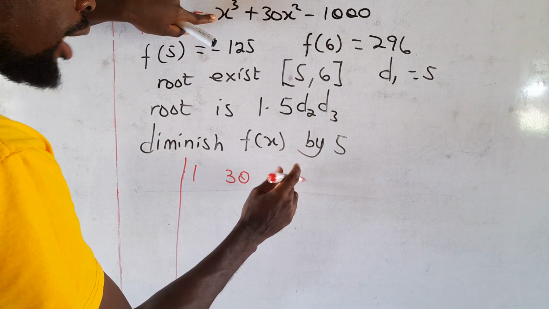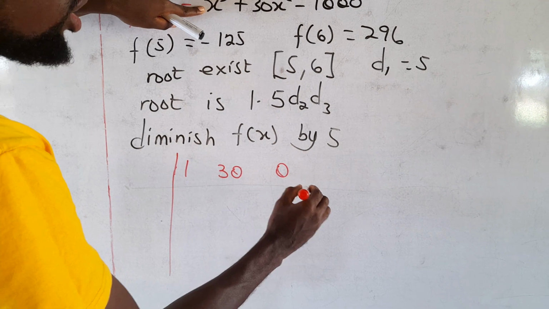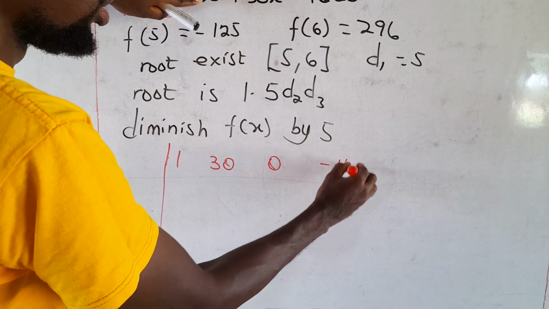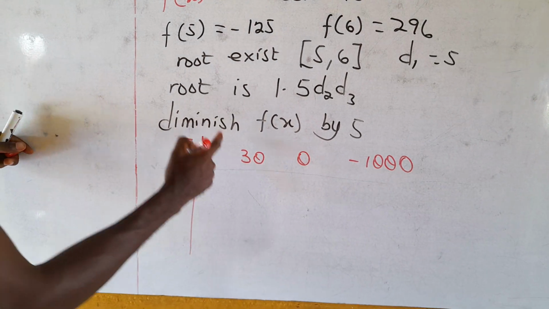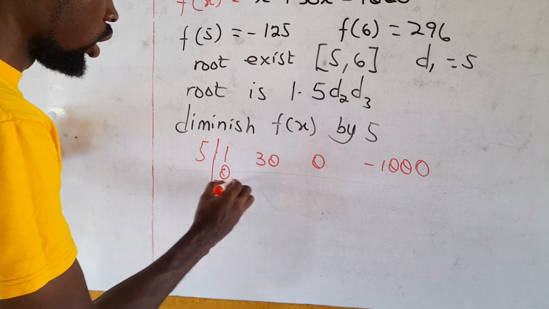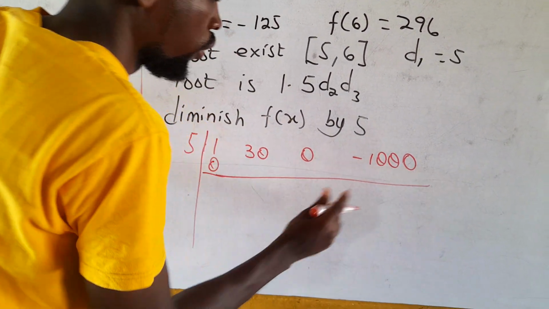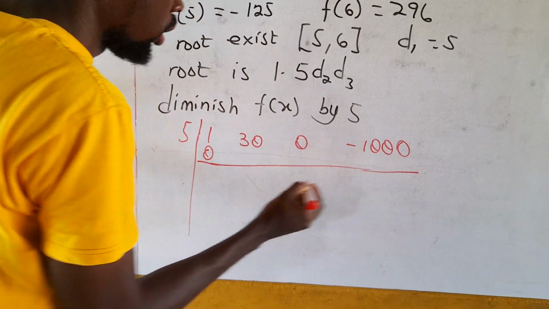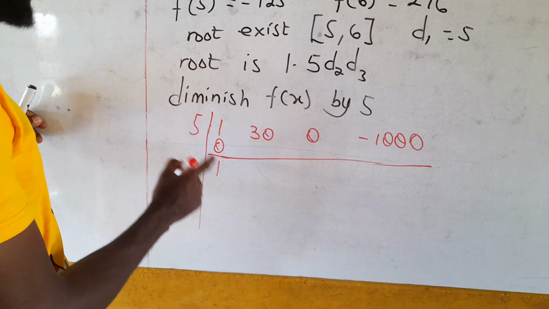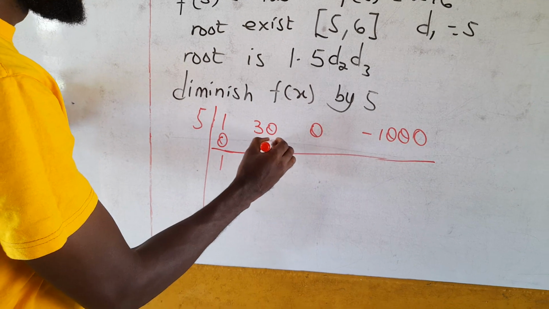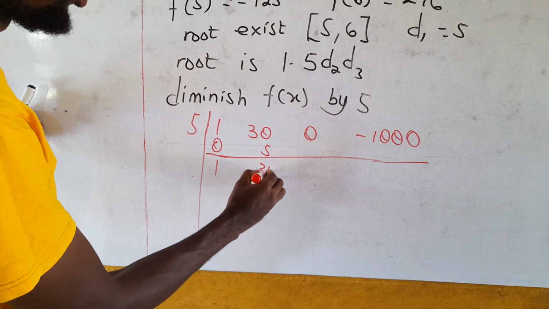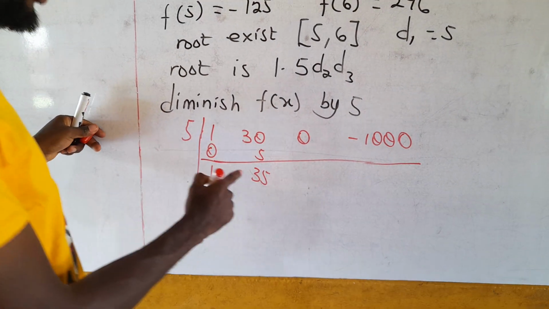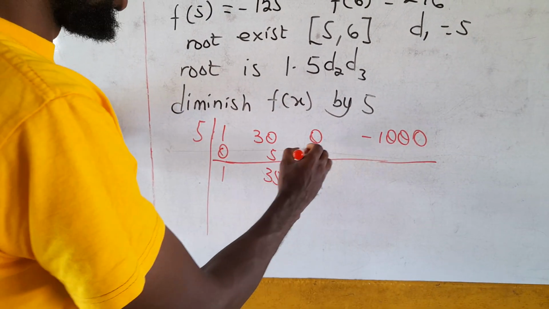Since the x term is not there, it is 0. Then we have negative 1000. So by 5. 1 plus nothing will be 1. So we have 1 there. 5 times 1 will be 5. 30 plus 5, that will be 35. I hope you are getting it. 5 times 35 will be 175.